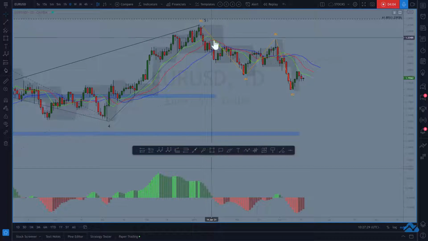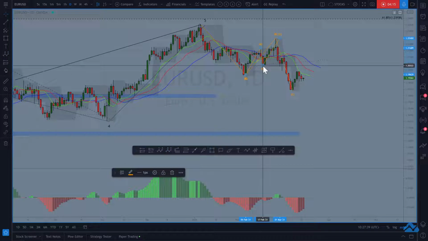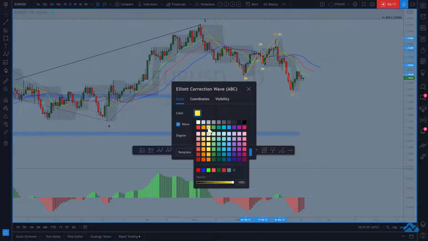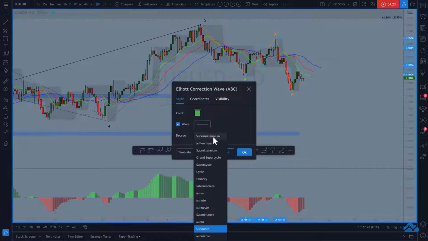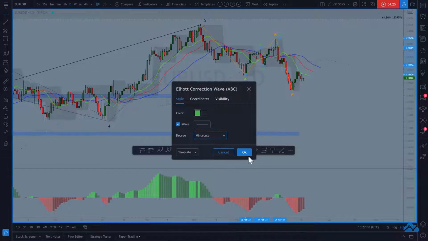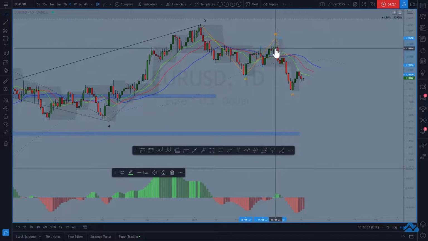And now, since this is A down and B up, and within a B you have A, B, C, let me actually mark it so you can see it. A, B, and C. And I will change the color of that to yellow or green so that we can see that these are the micro ABCs, A, B, and C, right?